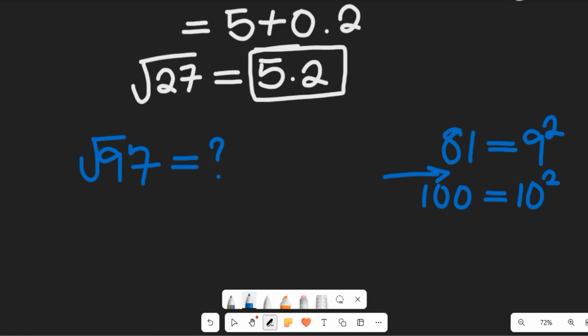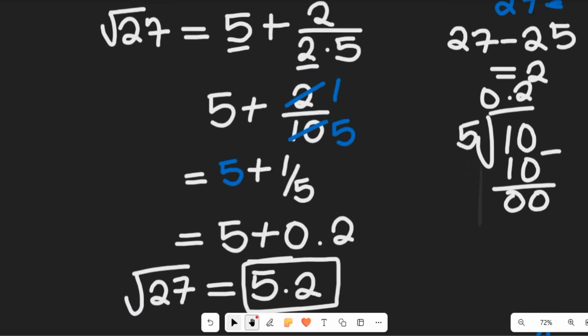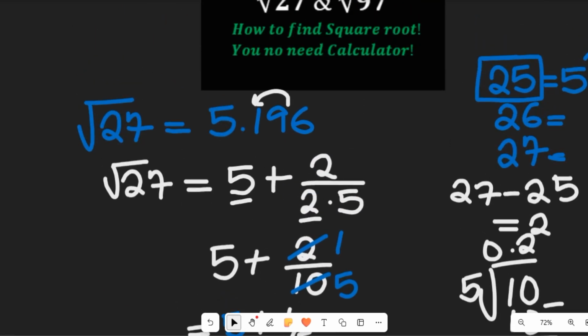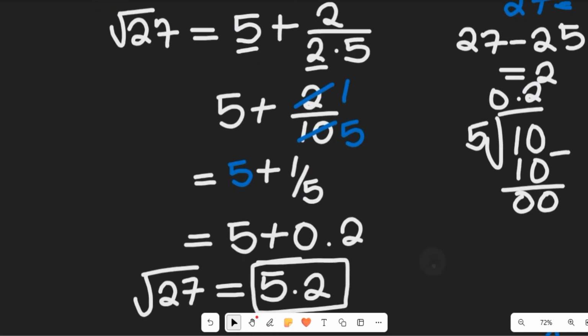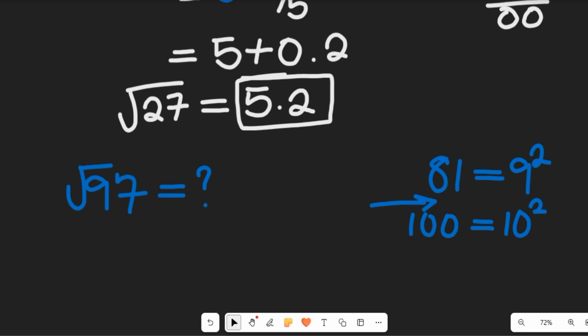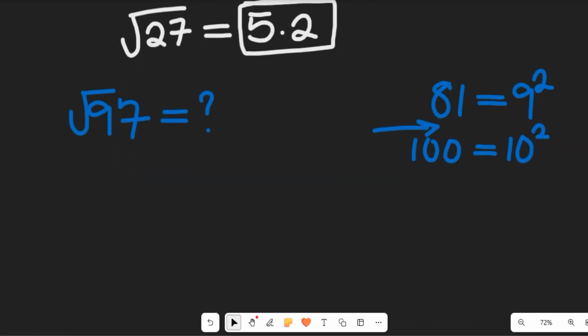Now if I decide to say okay, let me choose 81, which is 9, you know I told you before that it is the one before that you choose, because it will help you get your answer very easily. But now the one before is very far from 97, because after 81 you get 82, 83, 84, 85, 86, 87, 88, 89, 90 before you even get 91.